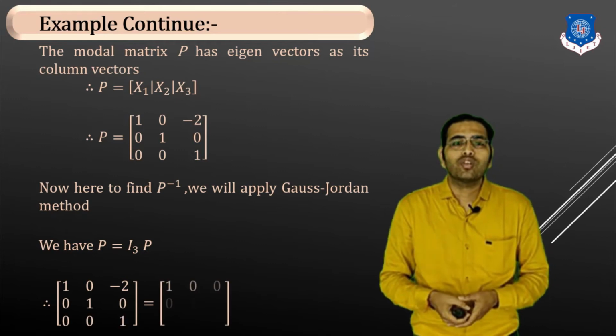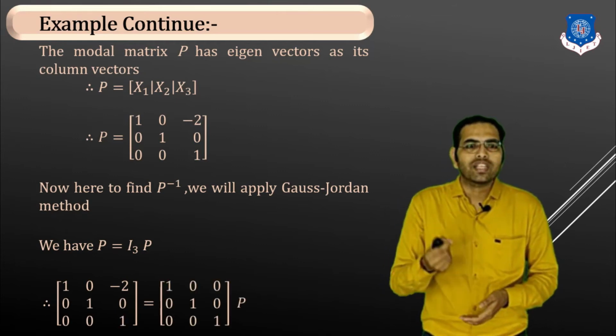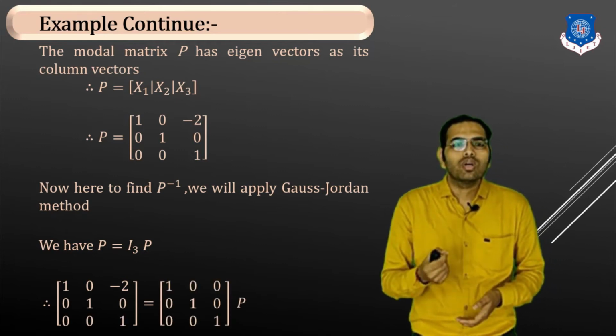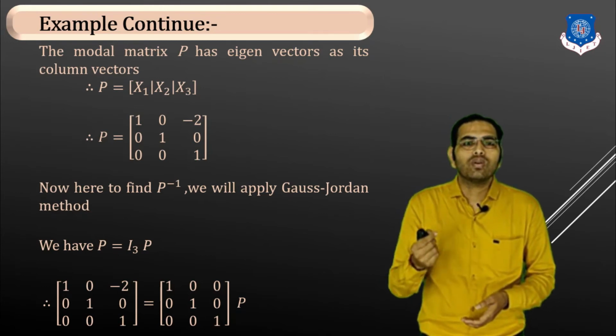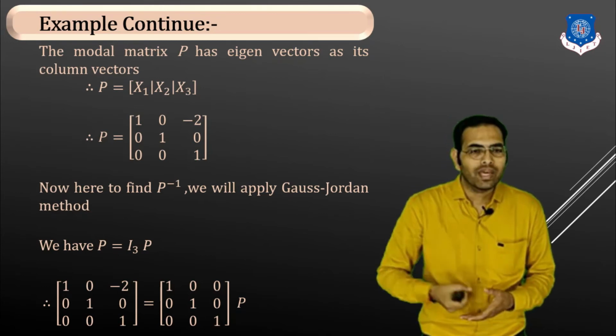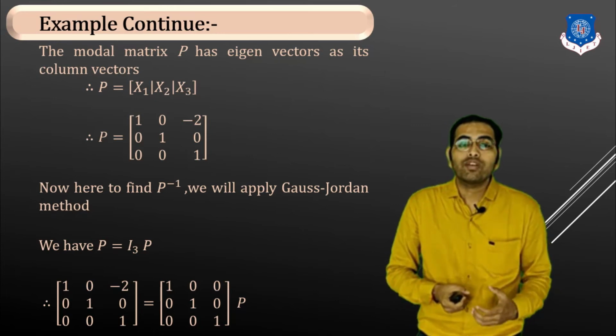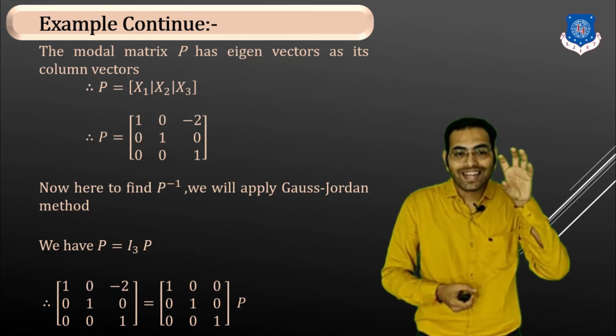Now substituting these values of I3 and P, that is 1 0 minus 2, 0 1 0, 0 0 1 equal to 1 0 0, 0 1 0, 0 0 1 into P. Here whatever is in the form of P is our LHS portion.